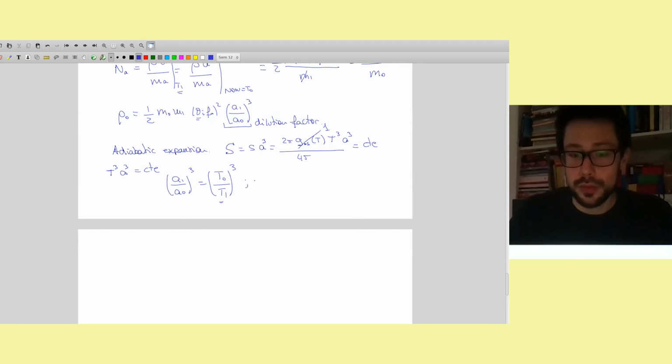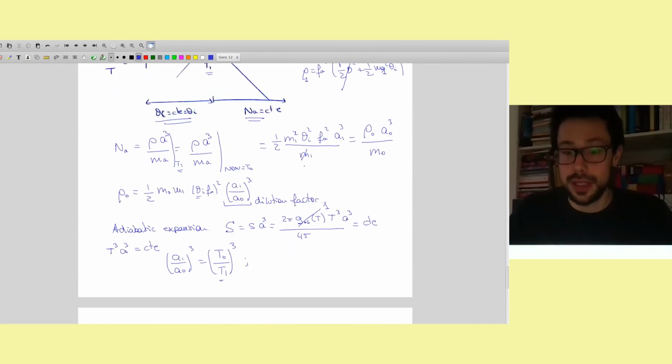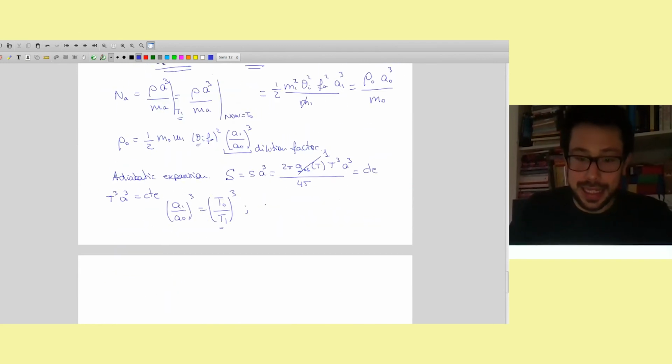So we know from the exercise that it is already giving us the relation between the Hubble parameter and the temperature of the universe. This is telling us that H squared equals T squared over M Planck.